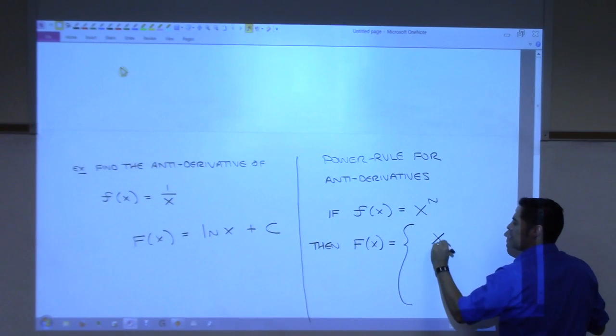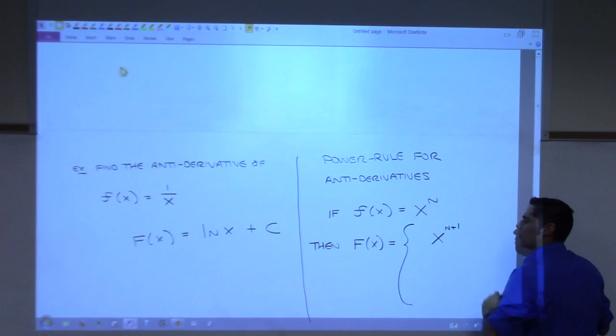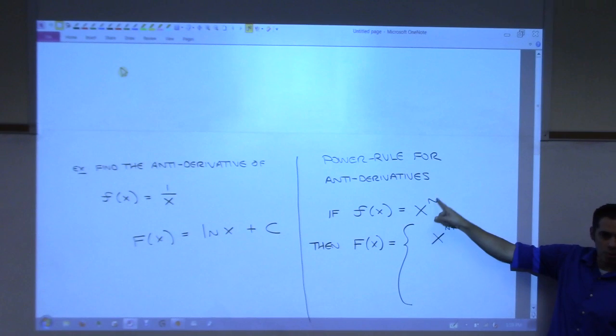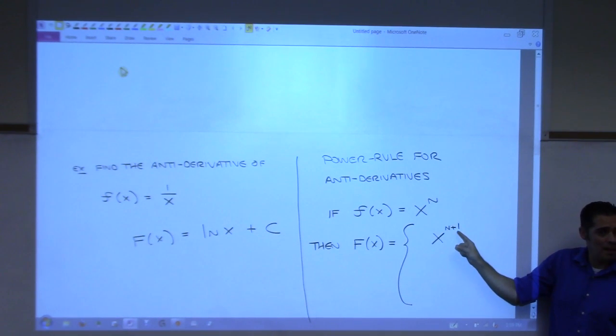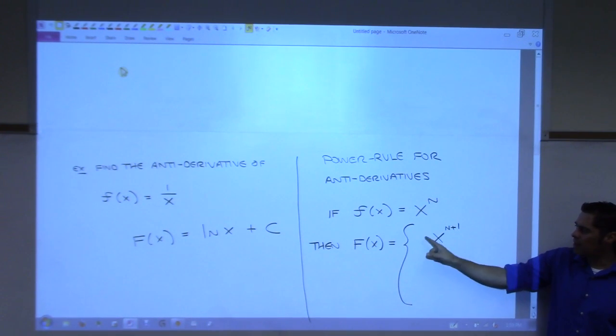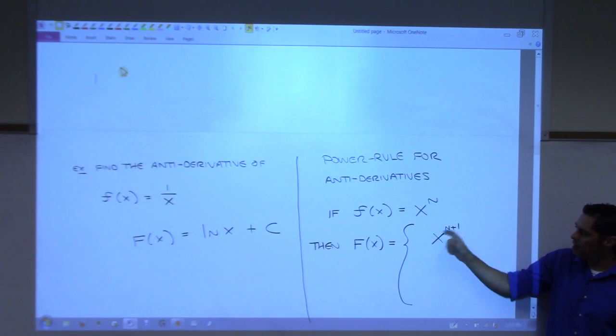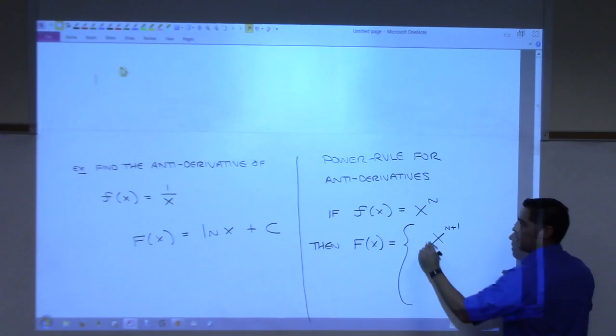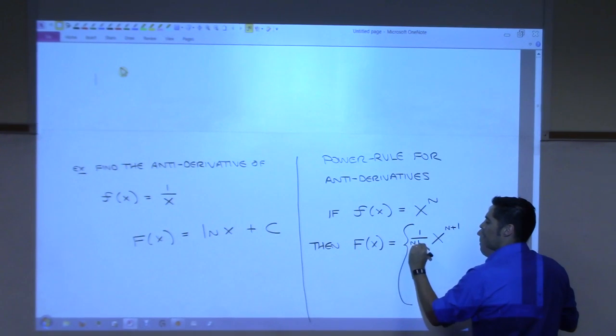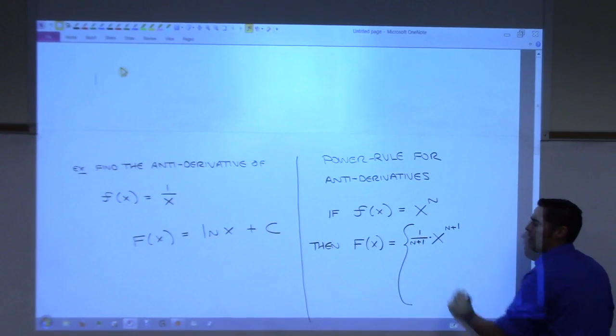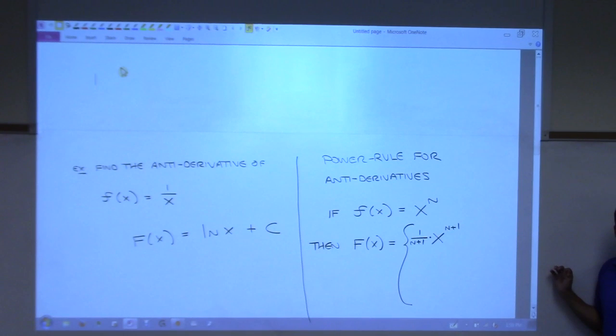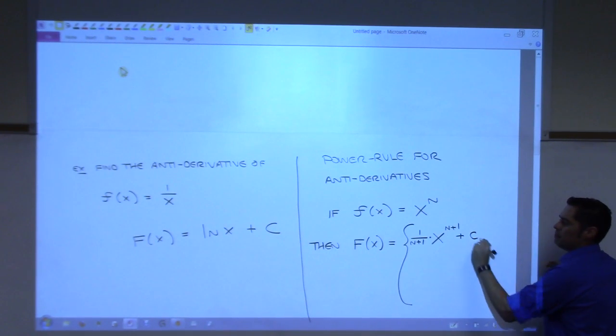It could be x to the n plus 1, right? Add 1 to the power, but then we have to take care of that power out front. So how do I kill off an n plus 1? When it comes down, I don't want it to be there. So what do I put out front? The reciprocal, which would be 1 over n plus 1. That's being multiplied out front. Plus c.